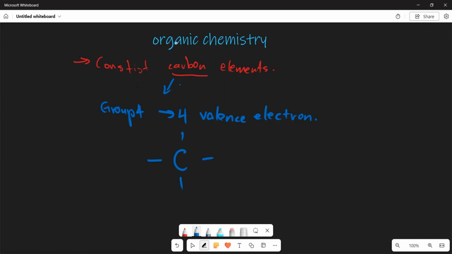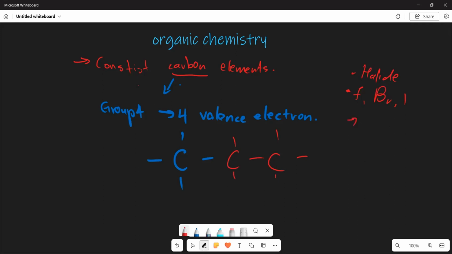So we are going to be looking at a series of carbons that are bonded with other carbons and also other elements, such as your halides. Under halides, we are referring to your fluorine, your bromine, your iodine. These are some of the few that we find there.